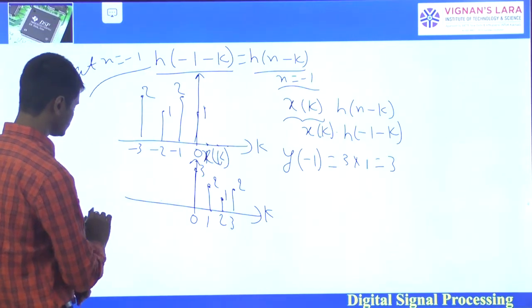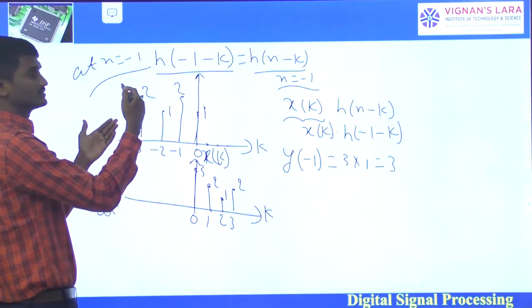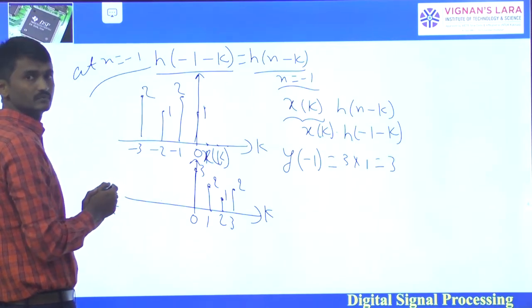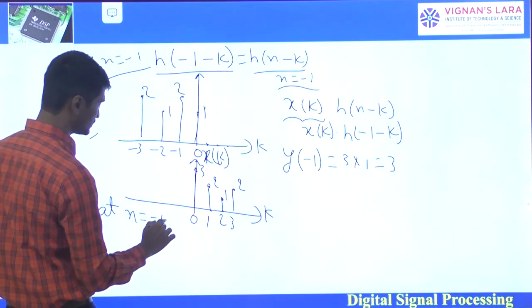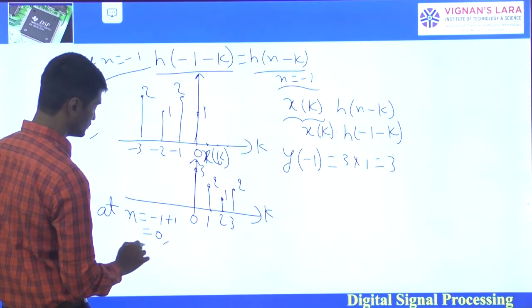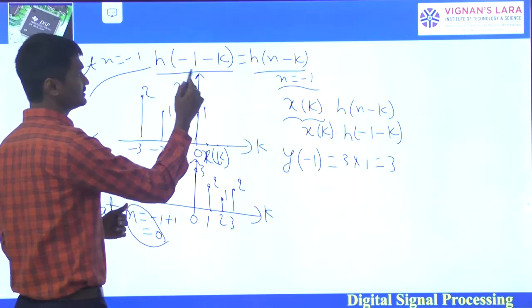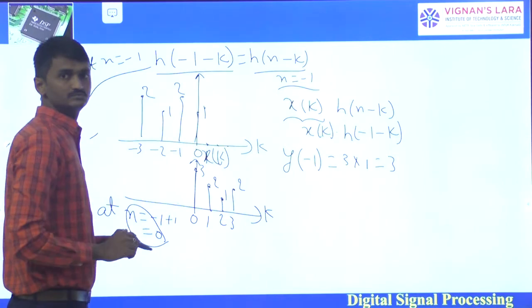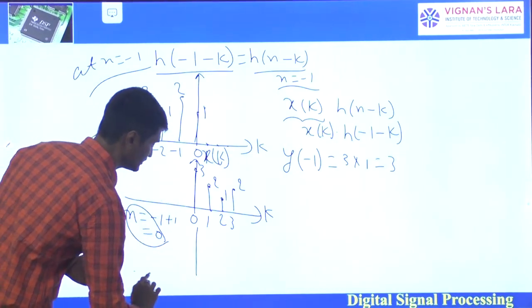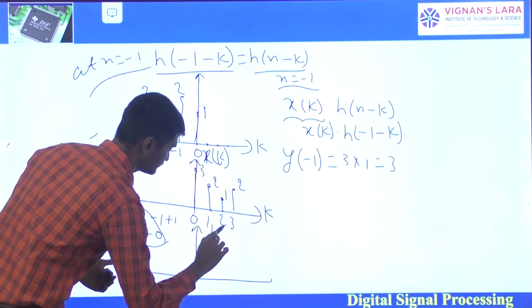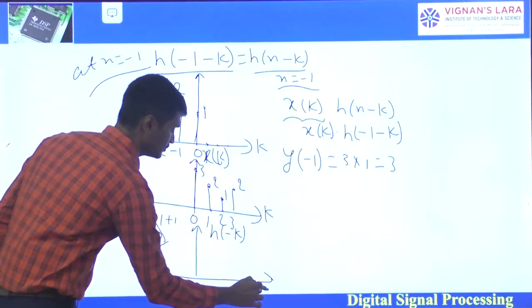Next, increment the n value. Incrementing n means we add 1, so minus 1 plus 1 equals 0. Now we are doing it at n equals 0, that is h of 0 minus k, which is h of minus k. Simply multiply with x of k.